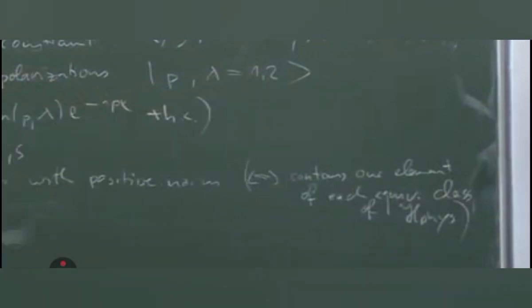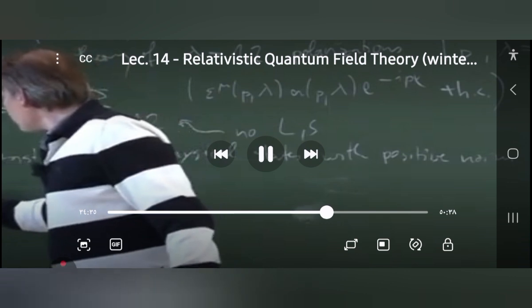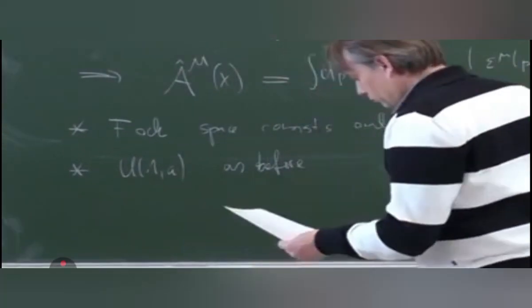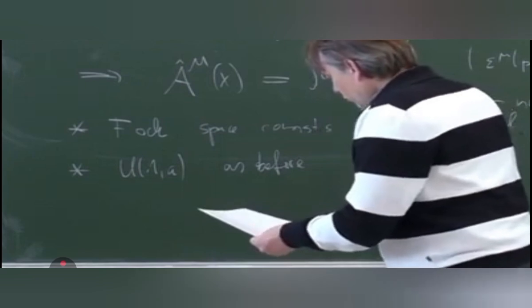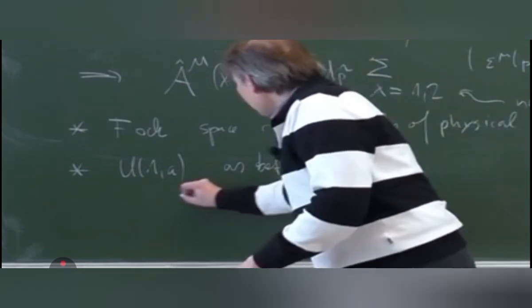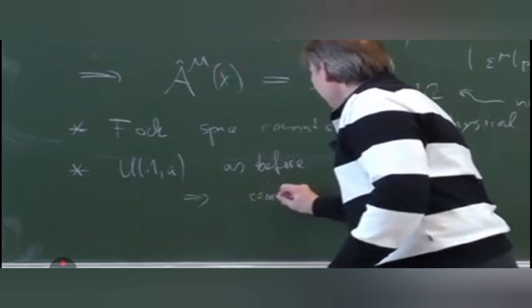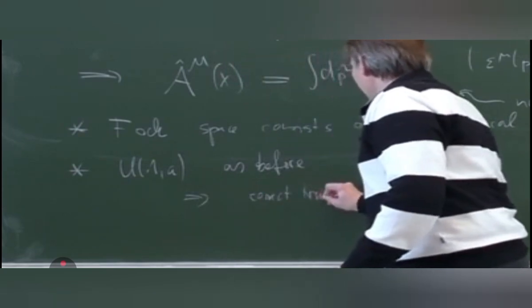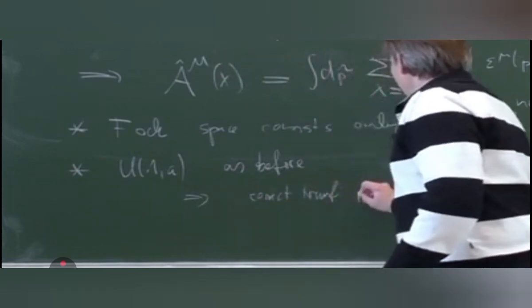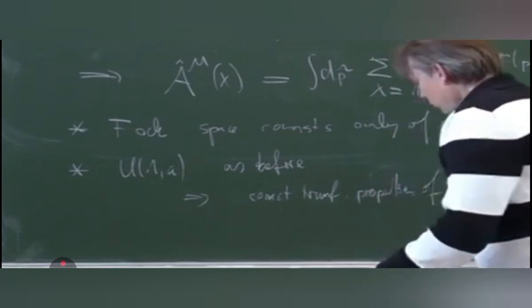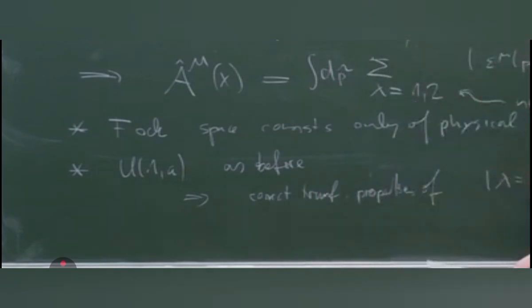So on that space you can define the Poincaré representation as before. And as a result, of course, you know that you get the correct transformation properties of the lambda equal 1 and 2 states.